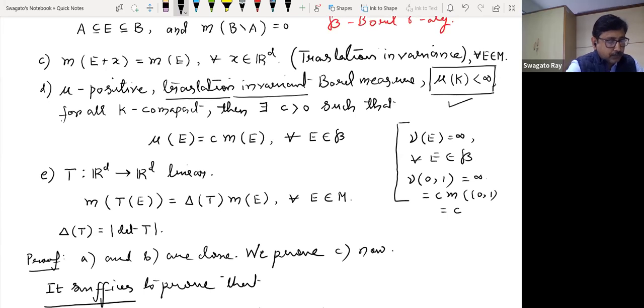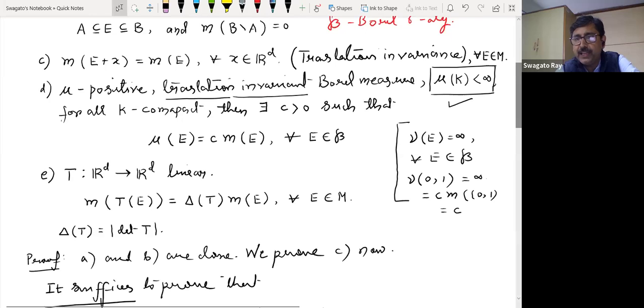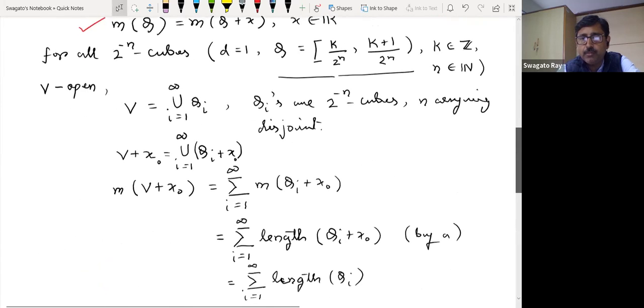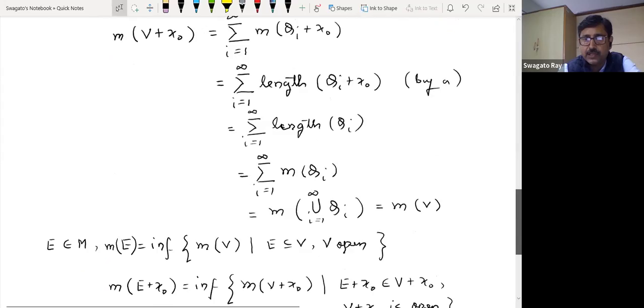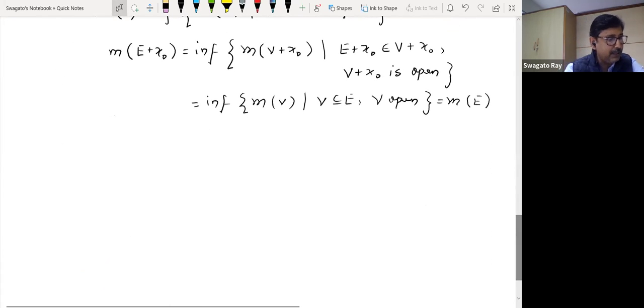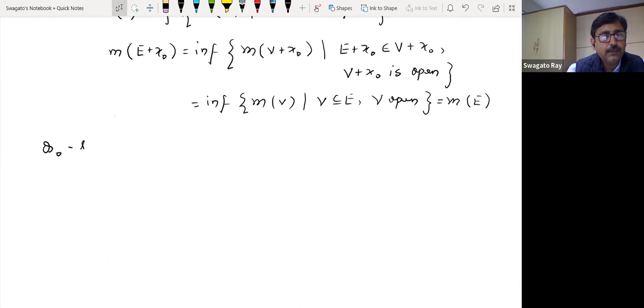Okay, so let's try to prove this property D. Instead of Q omega n, I'm going to use omega 0, Q0 and things like that, which I haven't used earlier. So let Q0 be a 2 to the power minus 0 cube. What a funny language.